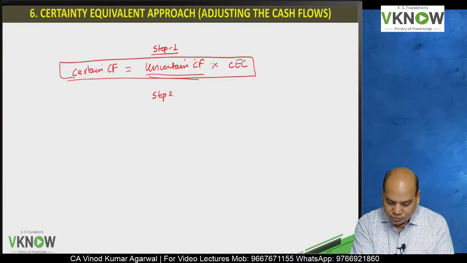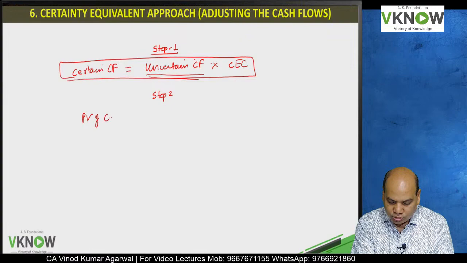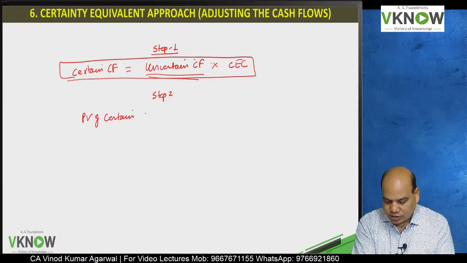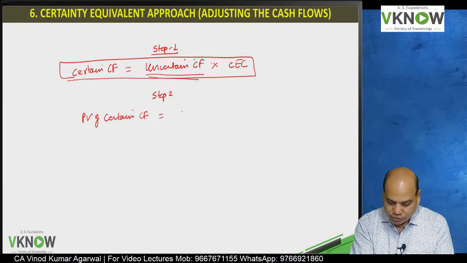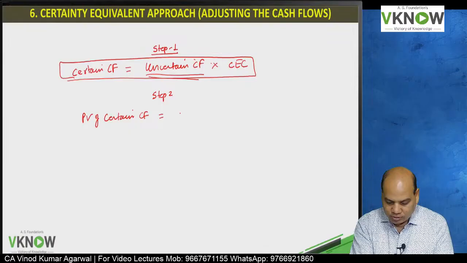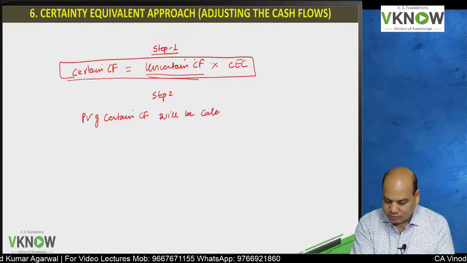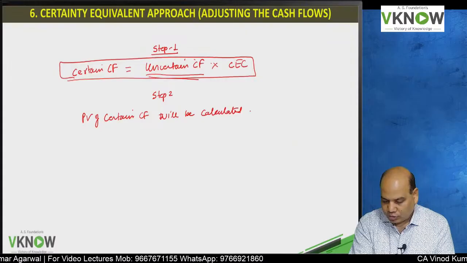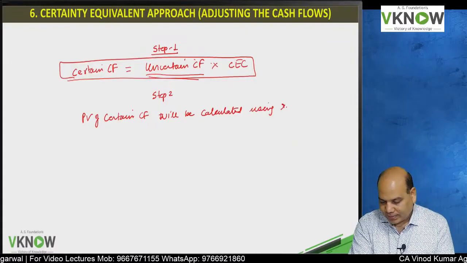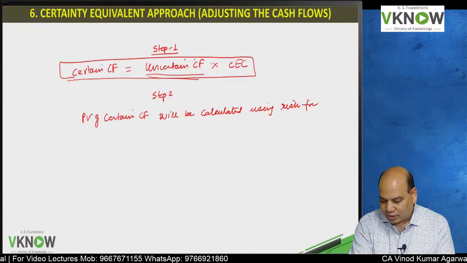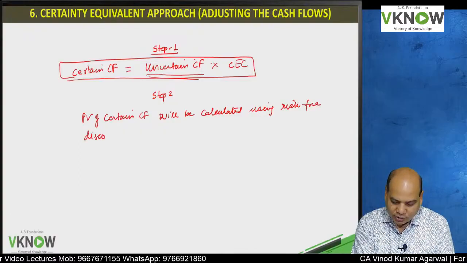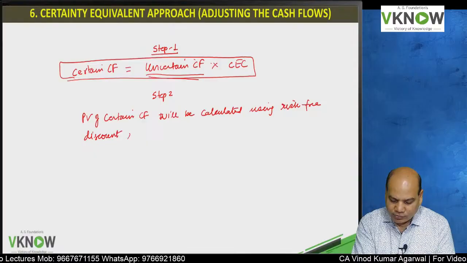And then step 2, present value of certain cash flow will be calculated using risk-free discount rate, because now the cash flow is certain.